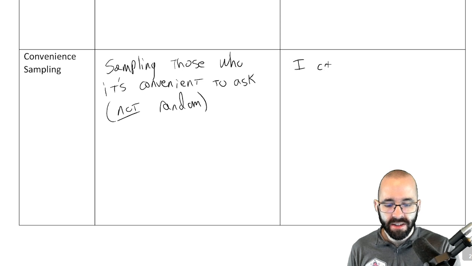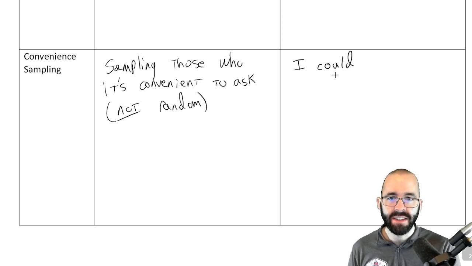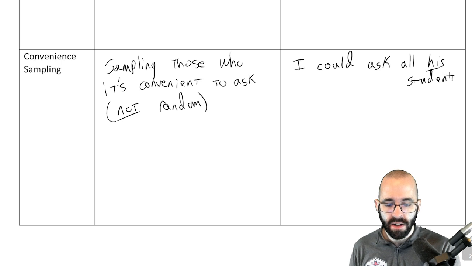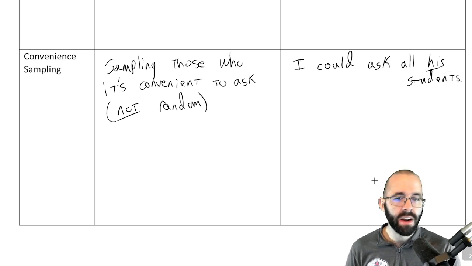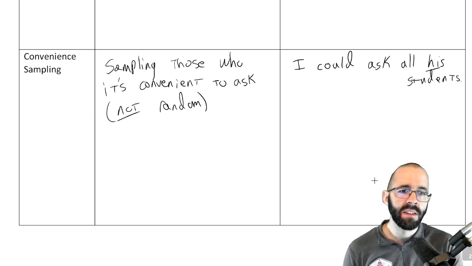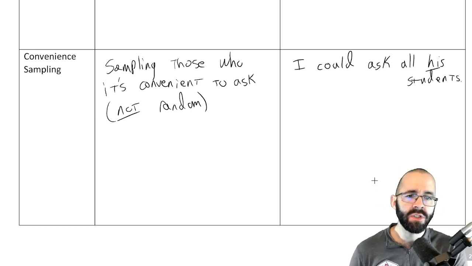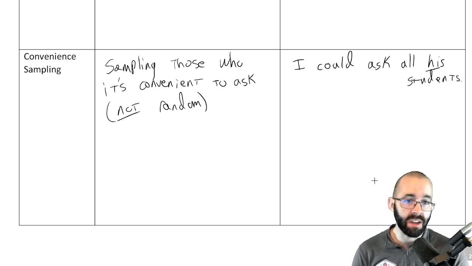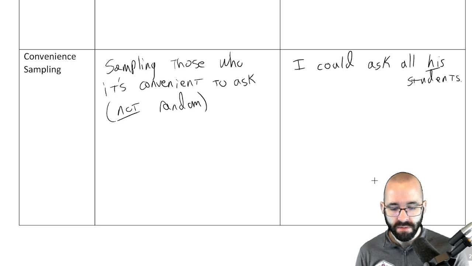I could ask all my classes. You could say Jason could ask all of his classes, ask all his students. Okay, which might not be representative of the population because the people who take a statistics class are going to be different in general than a typical SPSCC student, right? It's only certain pathways and stuff, which has other lurking variables in it as well.